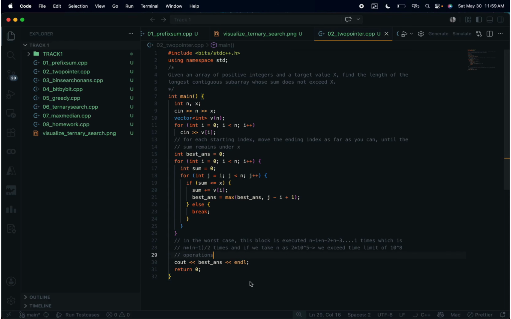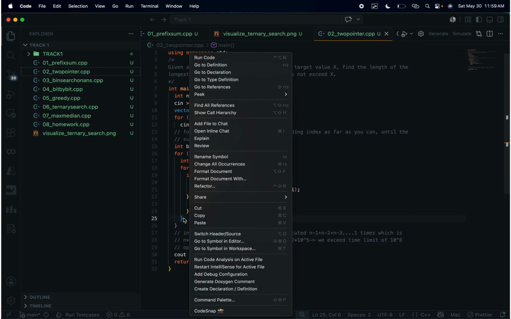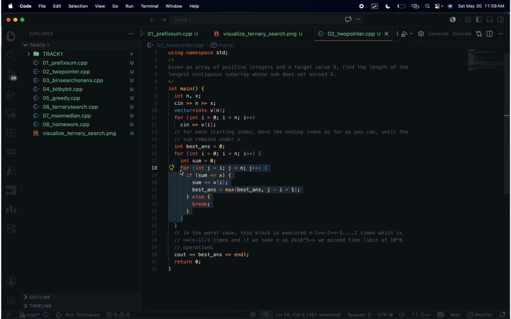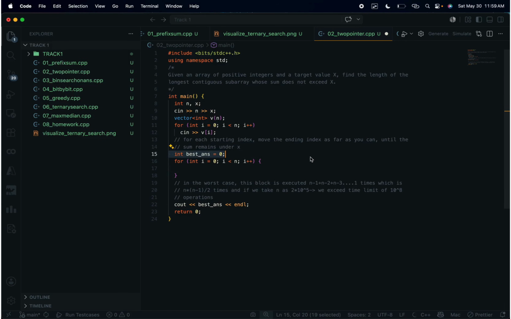So in order to reduce this redundant computation where each time you start a j from I, we have something called the two-pointer technique. The two-pointer technique does not add anything new as such, but it saves a lot of extra effort that we are doing currently.